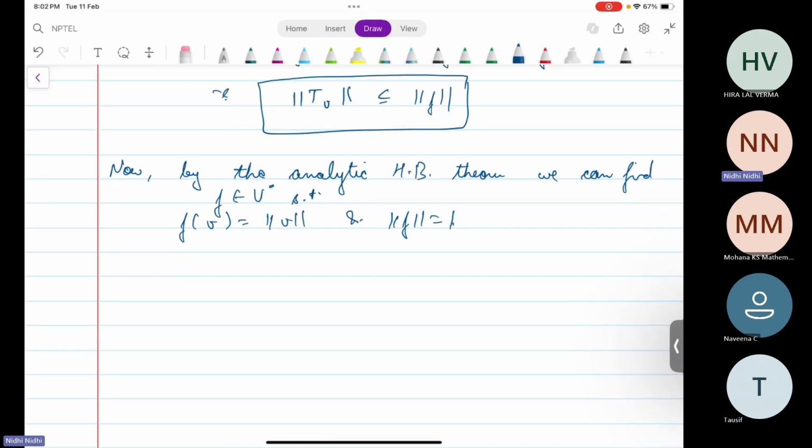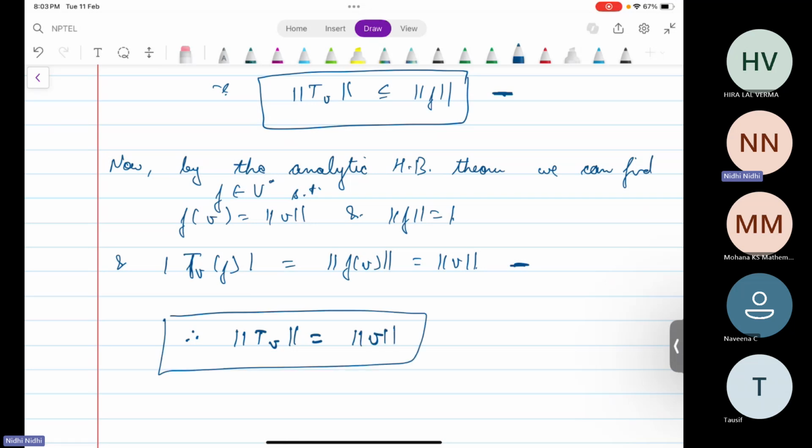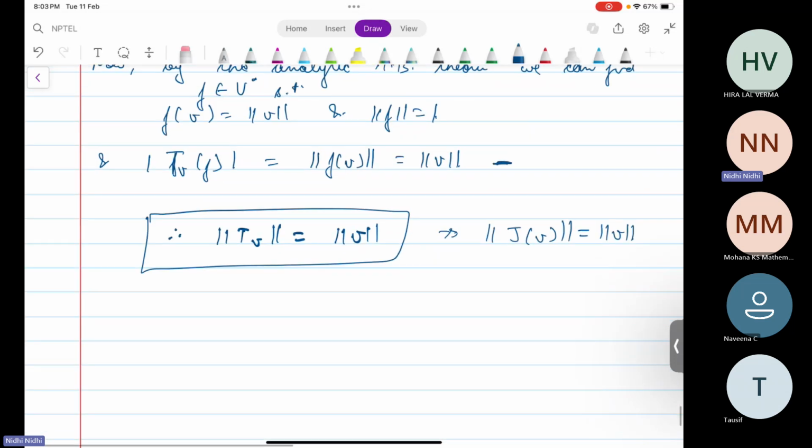For this F, the modulus of TV of F is equal to the modulus of F at V, which is equal to norm V. Therefore, this upper bound is attained at this F, and norm TV is equal to norm V. This tells us norm JV is equal to norm V. That means this function J is an isometry.